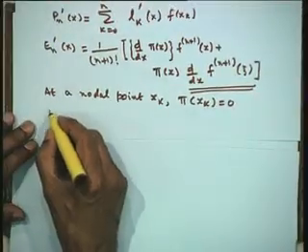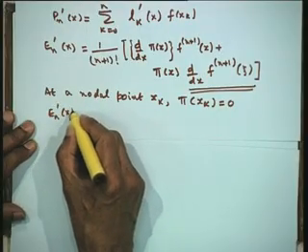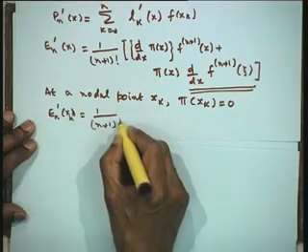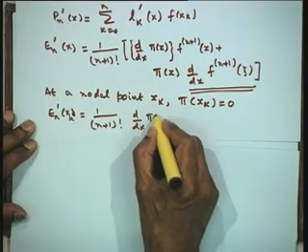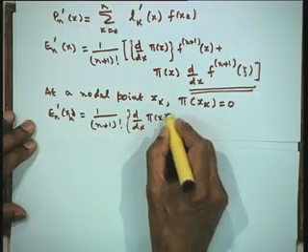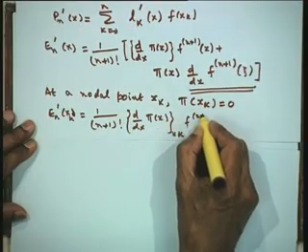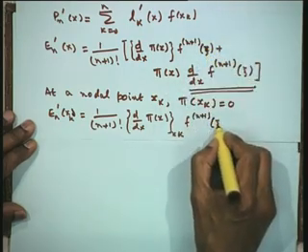Therefore, our derivative at this point x k is 1 upon n plus 1 factorial d upon dx pi x evaluated at x k, f n plus 1 of xi.